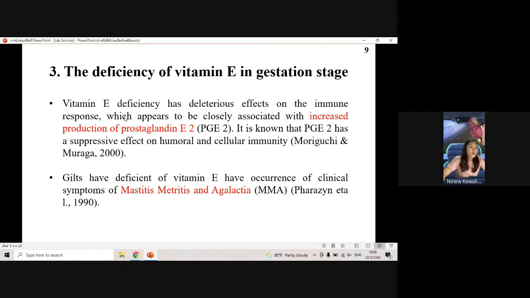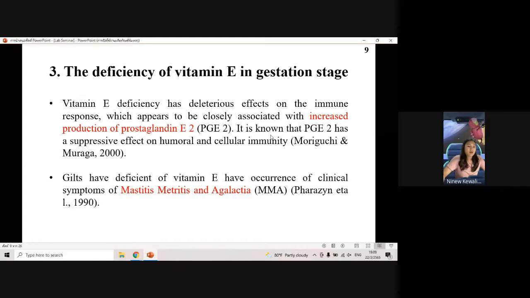Vitamin E deficiency has deleterious effects on the immune response, which appear to be closely associated with the increased production of prostaglandin E2.